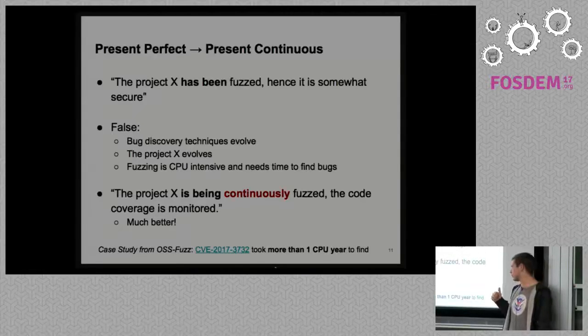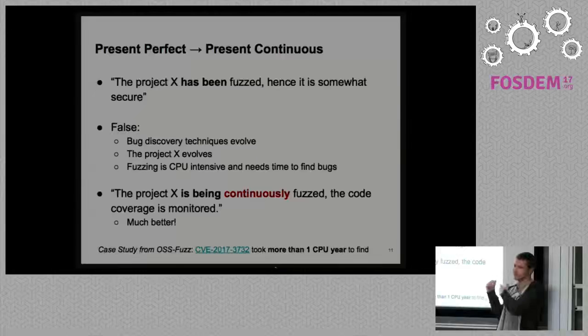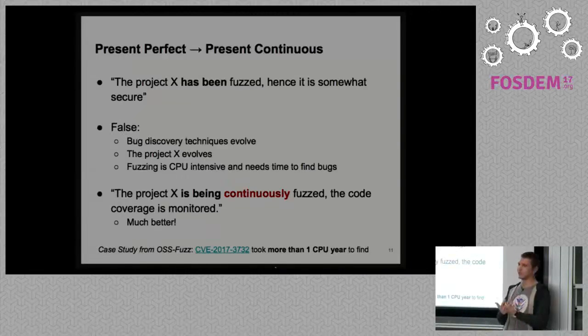It took about 550 CPU days to find it. It was a very interesting bug because OpenSSL has two implementations to multiply big numbers, and it was a logical bug. The fuzz target used the data and its size as two big numbers, and then called big number multiply with two different implementations, the slow one and the optimized one, and compared the results of these multiplication operations.